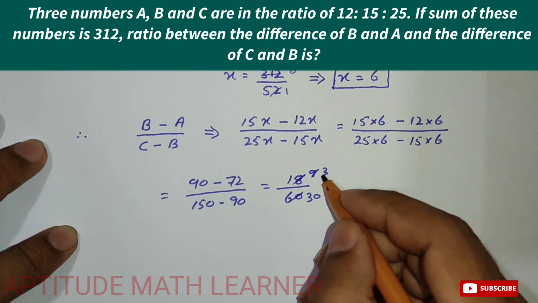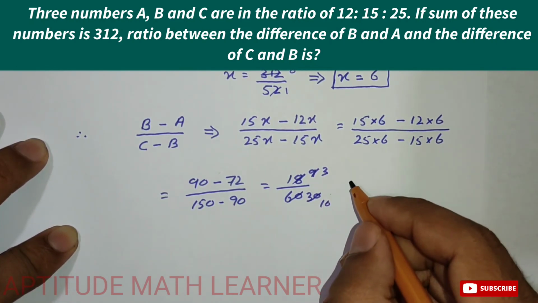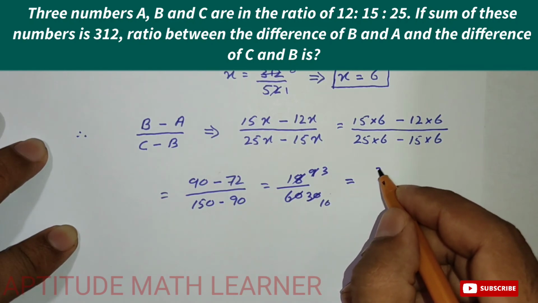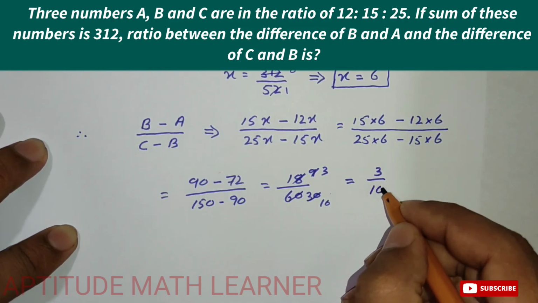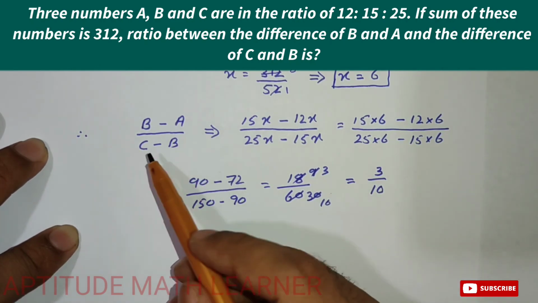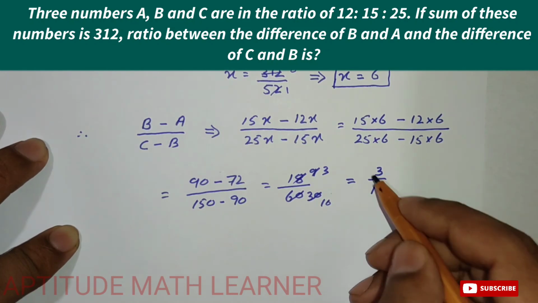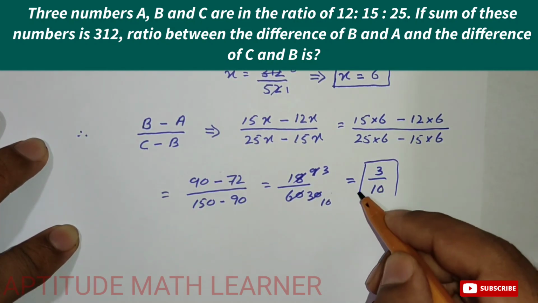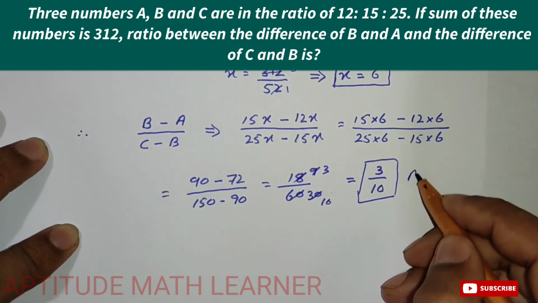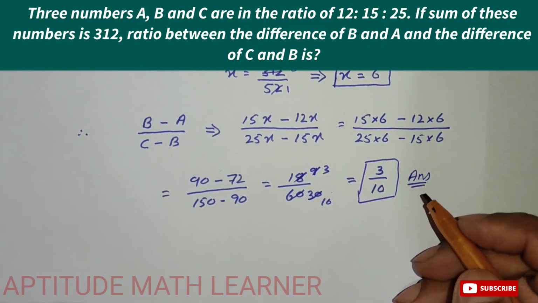So 3 threes are 9 and 3 tens are 30. So now we have got the value 3 upon 10, and this is the ratio of the difference of B minus A upon C minus B, and this 3 upon 10 is our answer. I hope you have completely understood. So thank you very much.